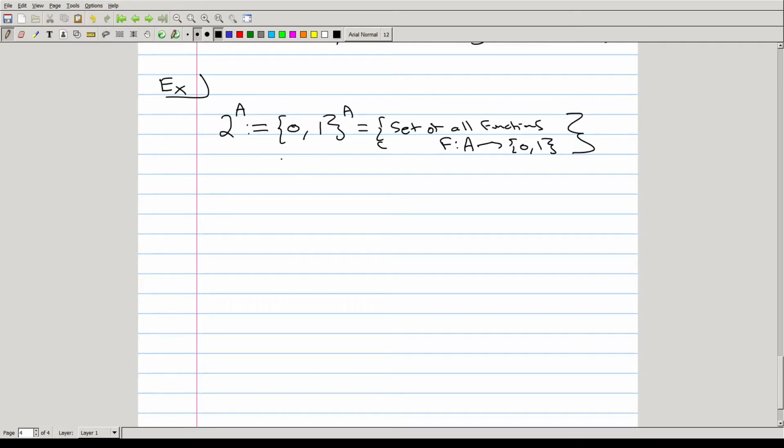And this is a very, very important set, because we'll actually see that the cardinality of this set is the same as the cardinality of the power set of a given set. And we can see this in a very simple example.